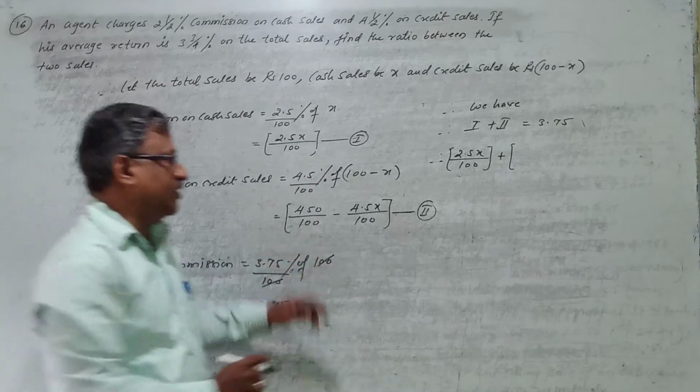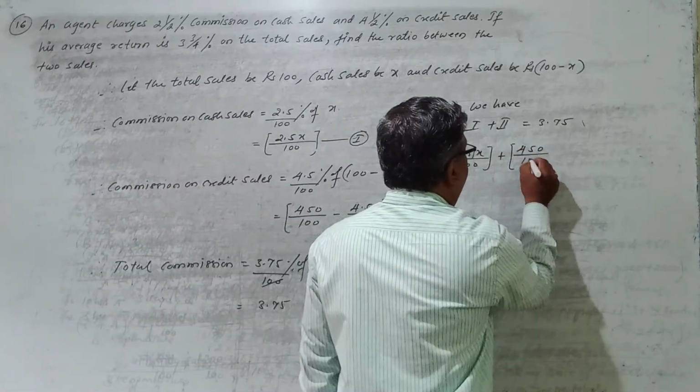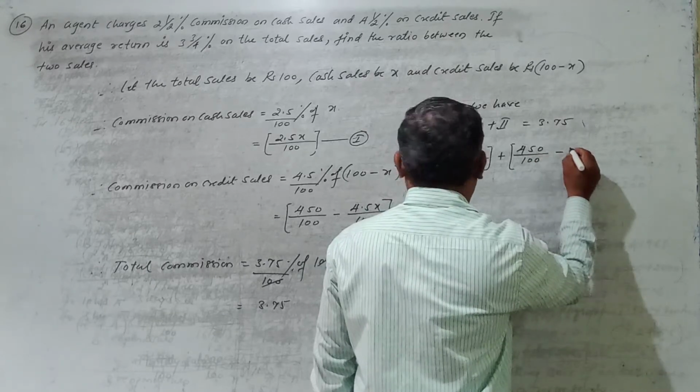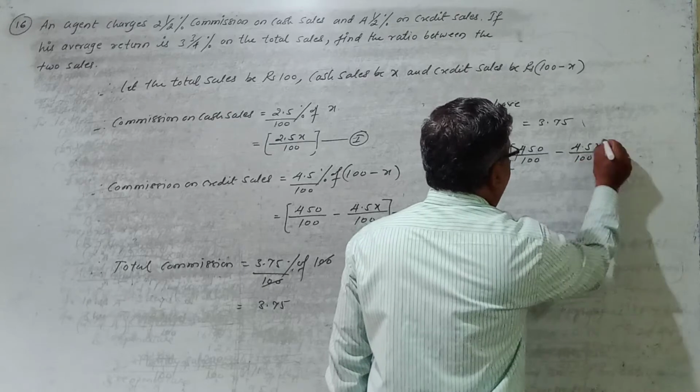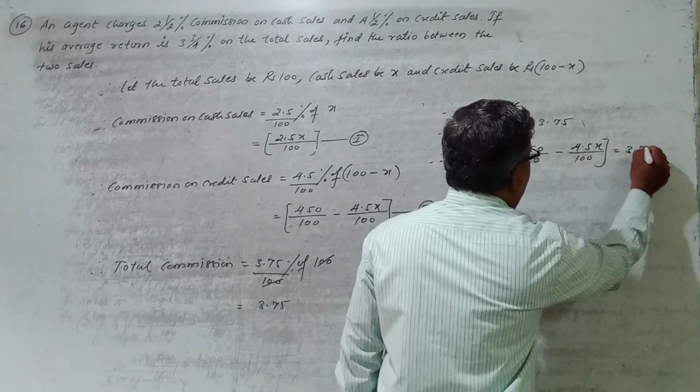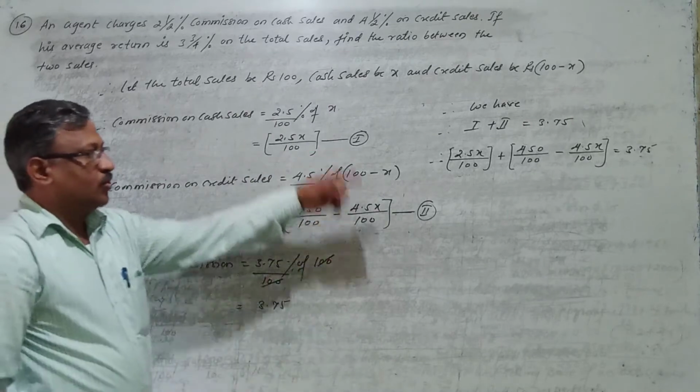My second equation is this: 450 divided by 100 minus 4.5x divided by 100, equal to 3.75. Now solve this equation.